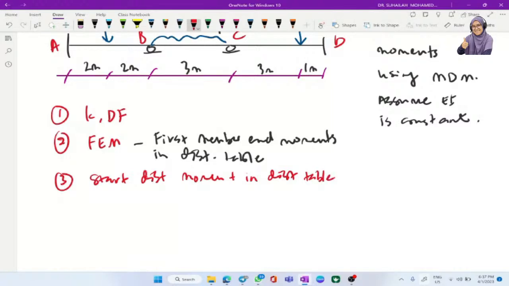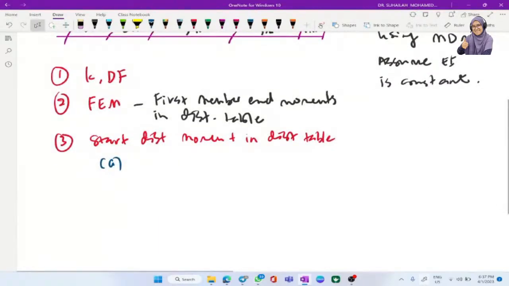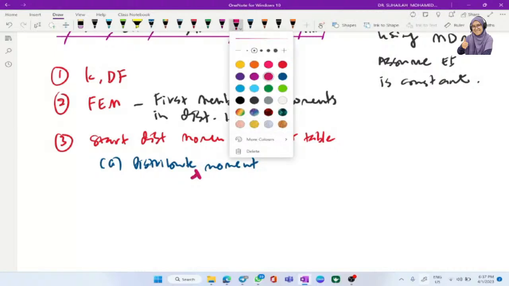In the table, we will have two steps. Number one, or A, we have to distribute moment, or to be specific, distribute joint moment.